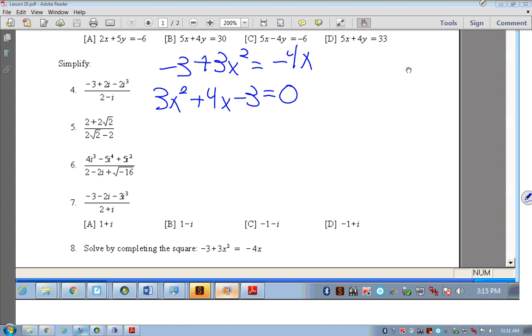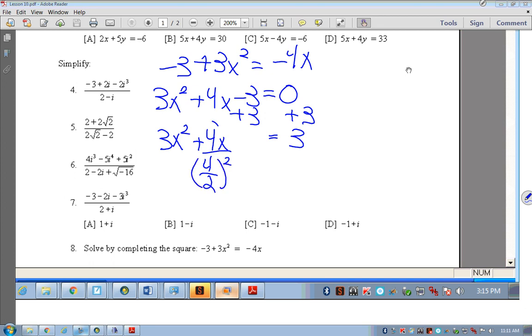Okay. The next thing that we're going to do is we're going to add this 3 over here. So I'm working with 3x squared plus 4x, and I'm going to leave a blank spot there. The next thing I'm going to do is take this term, the b. I'm going to take 4 divided by 2 and square it.